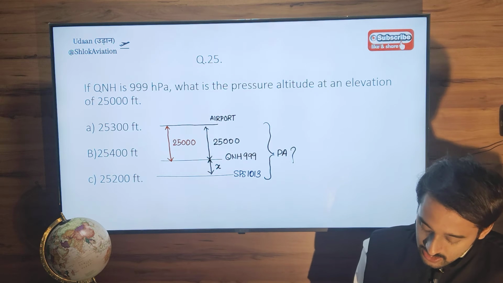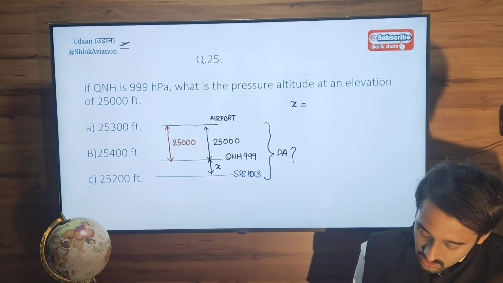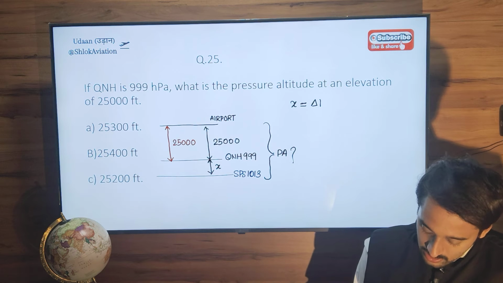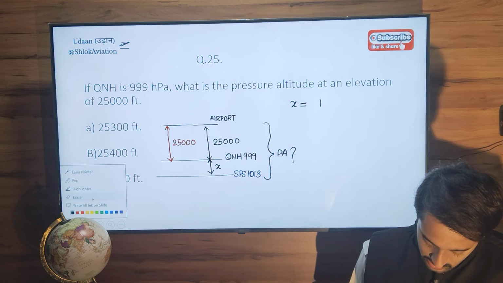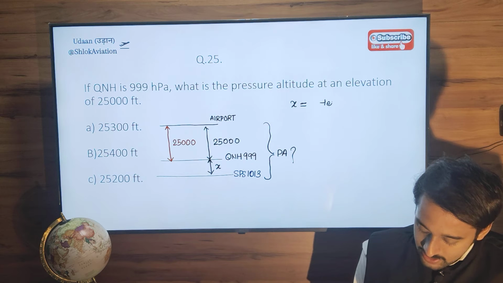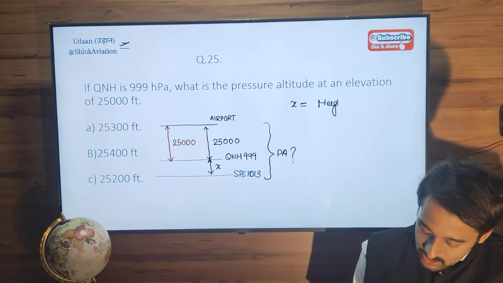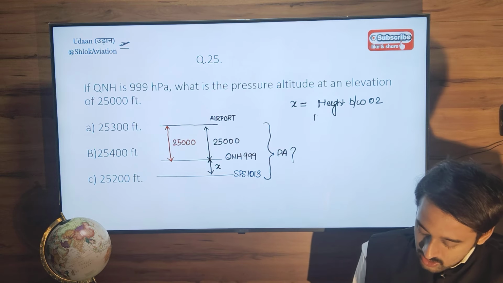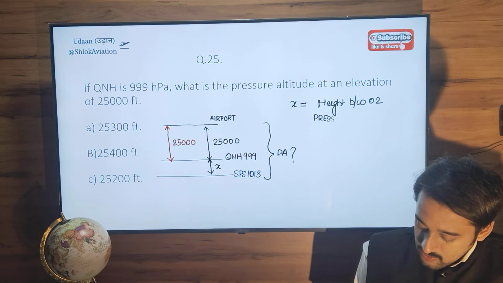So let's find x. x equals the change in height, that is your height between the two pressure levels.